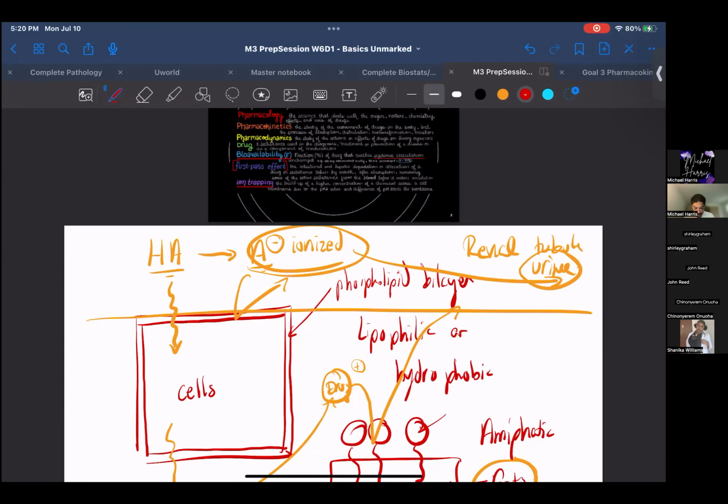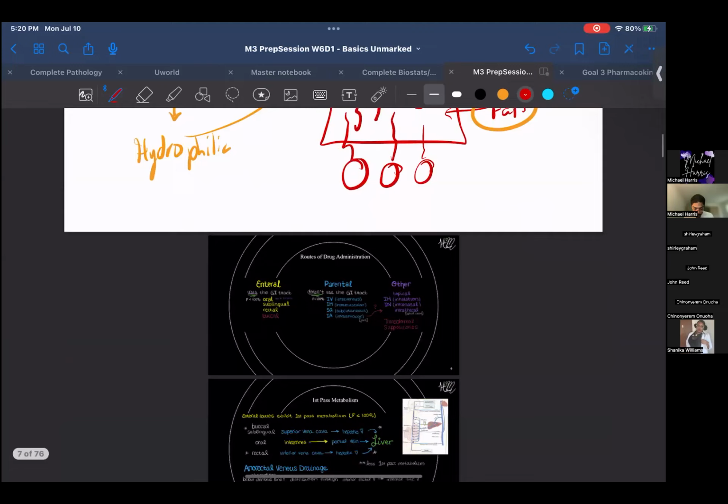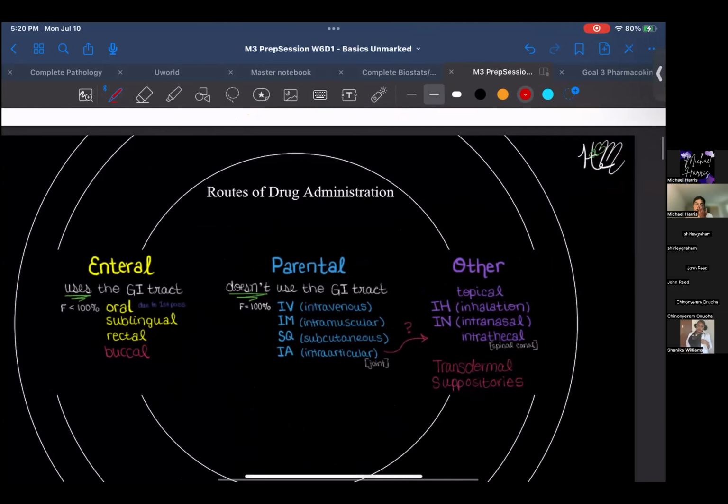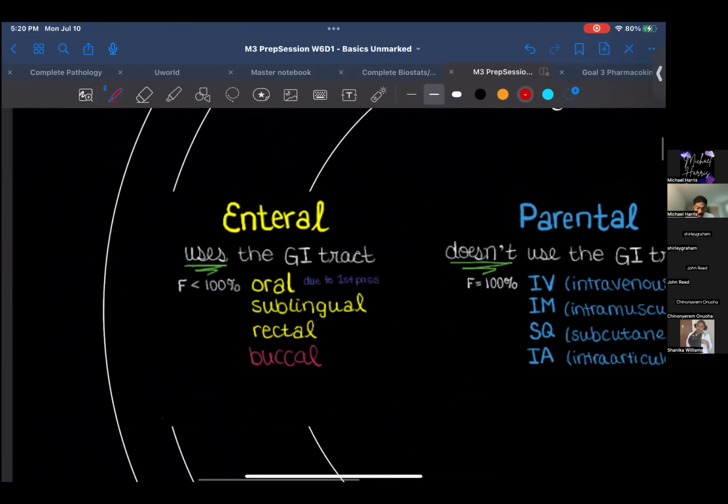Okay, good. Now, here's the breakdown once again. You have enteral, parenteral, and then other. Now, enteral is orally, and like we discussed earlier, this goes through the liver, except in some of these areas. For example, rectal, if it's below the dentate line.